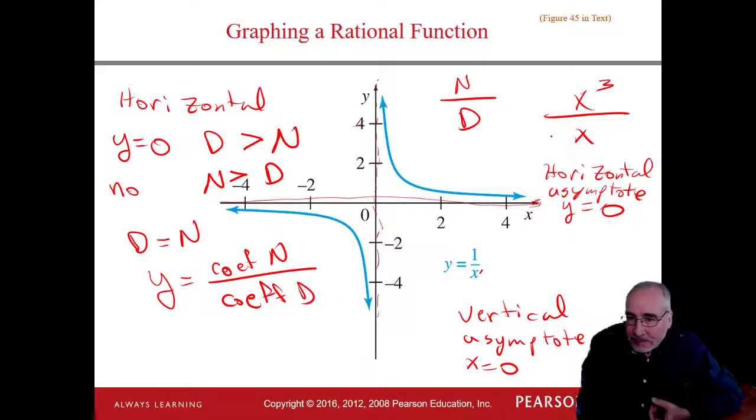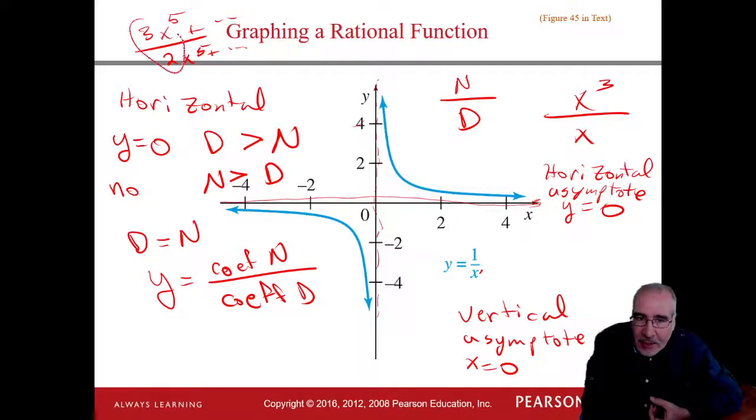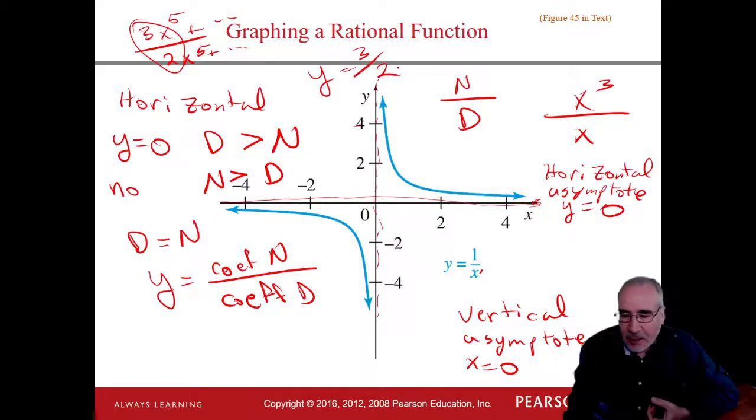Okay, so if we had 3x to the 5th over 2x to the 5th plus other stuff, our horizontal asymptote is going to be y equals 3/2. Okay, so just some examples there.